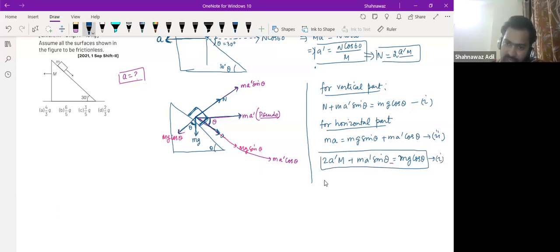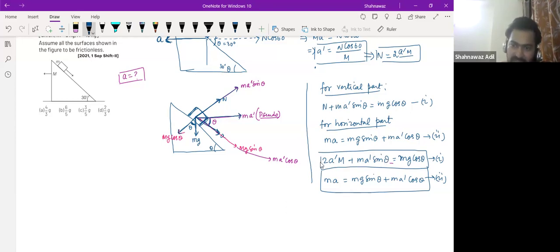Right, and then we have the second equation, MA, which is mg sine theta plus MA prime cos theta. So we have two equations, right? We want to find out this A. So we have to find out the value of this A prime from this equation, right?